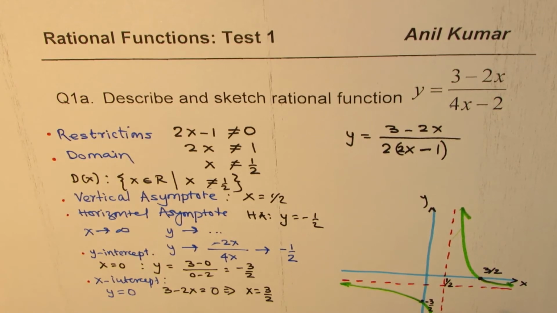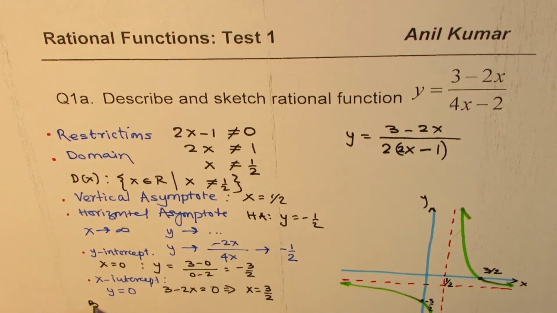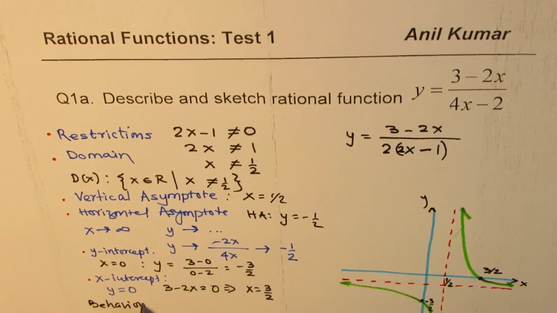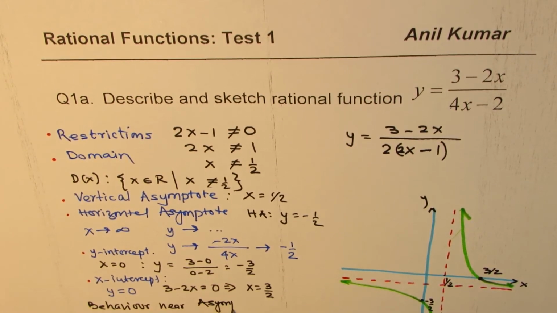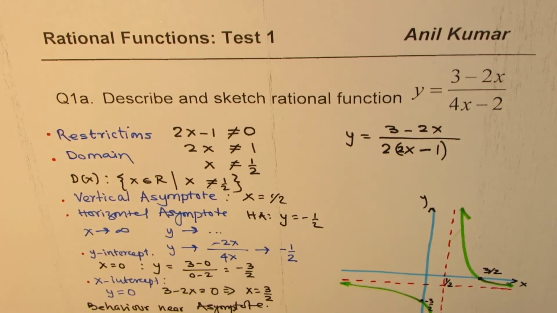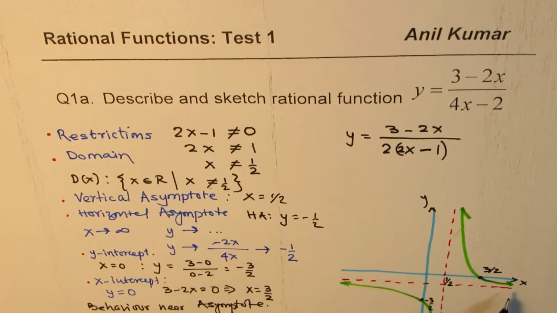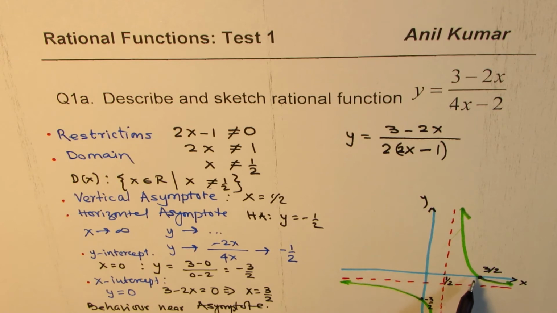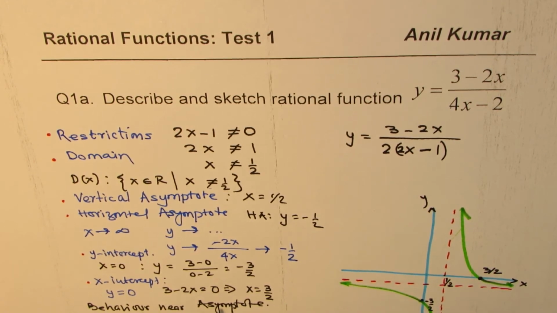Do you understand? Some more things as you go into further details is behavior near asymptote. Now we are not talking about behavior near asymptote in this particular video, but it is when you're approaching a very large positive value of x, you are approaching the horizontal asymptote from above, and that's what you can figure out.